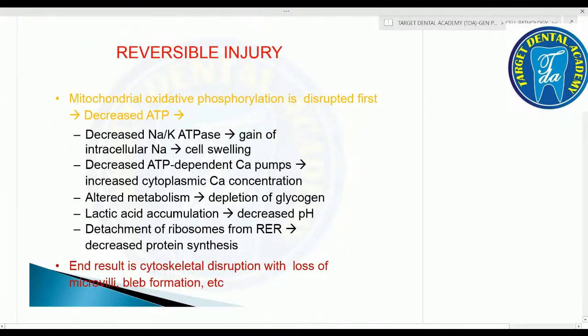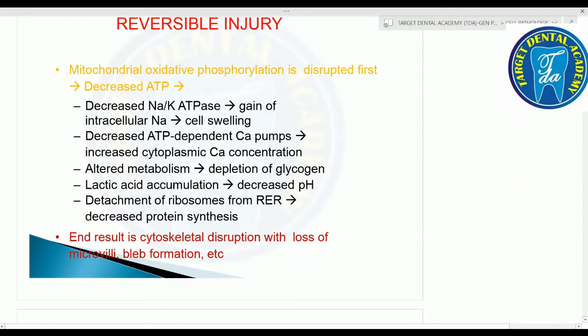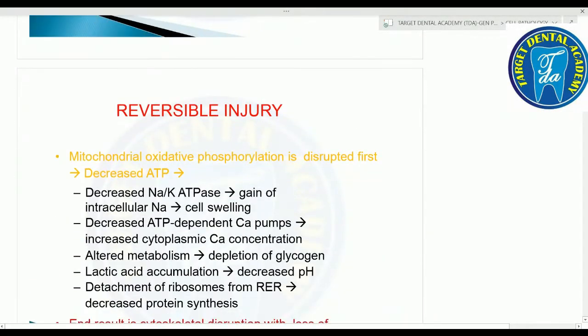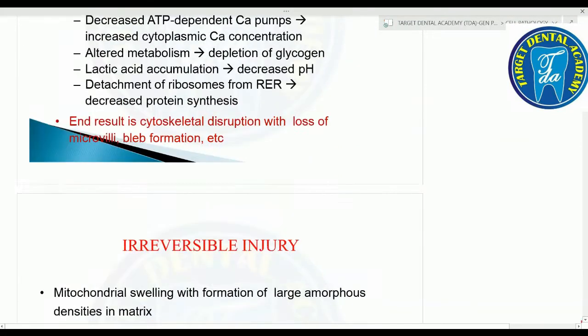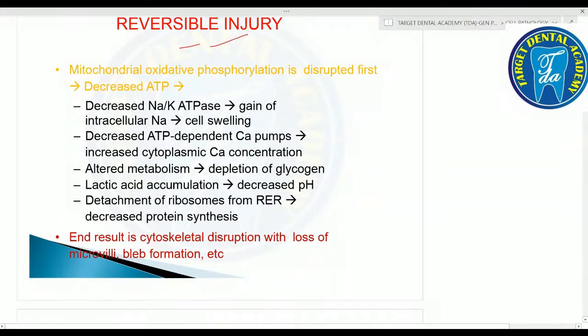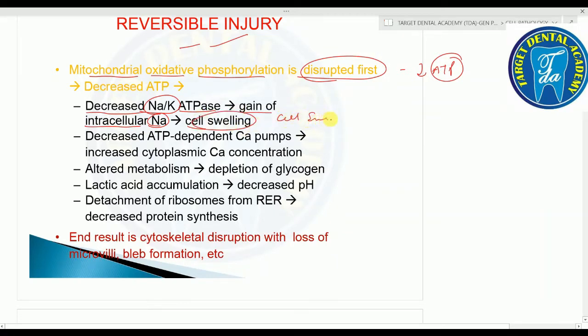So starting with the reversible injury. In the reversible injury, the mitochondrial oxidative phosphorylation is disrupted first, which leads to decrease in the ATP, and which further leads to decrease of the sodium potassium ATPase, which results in the gain of intracellular sodium and leads to cell swelling.